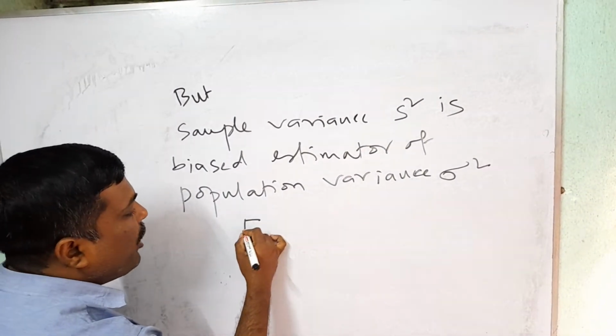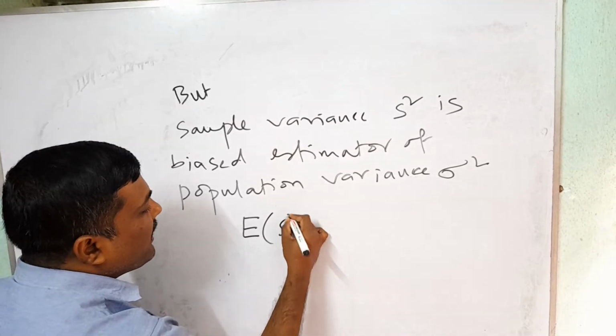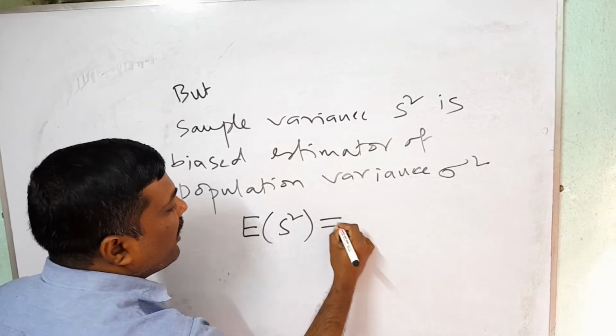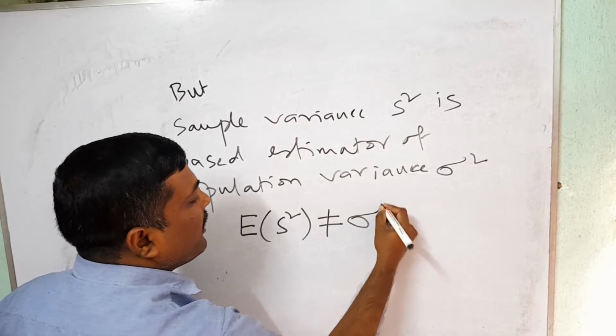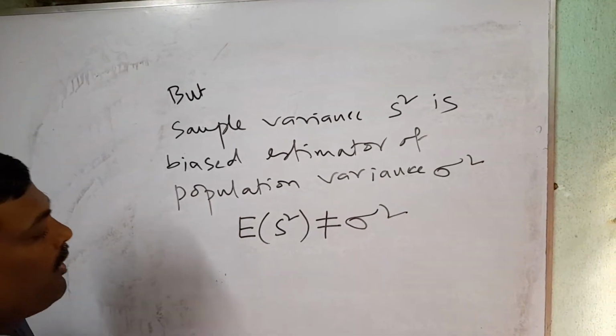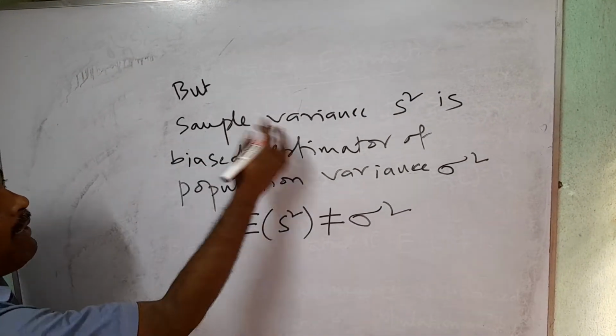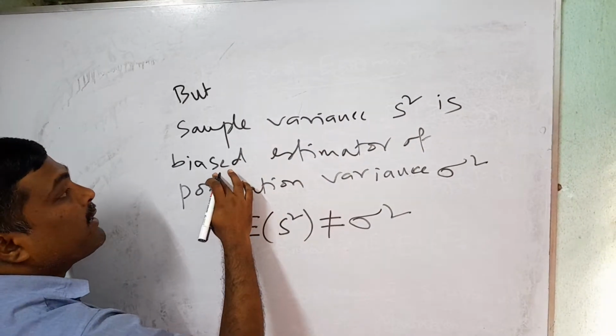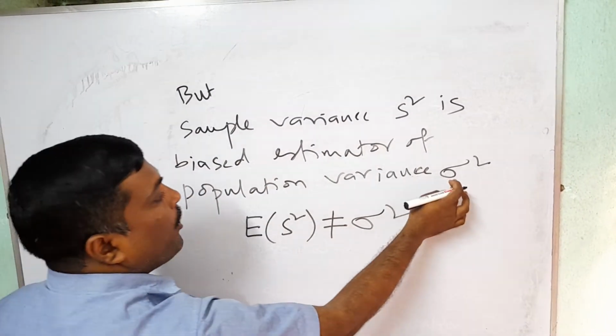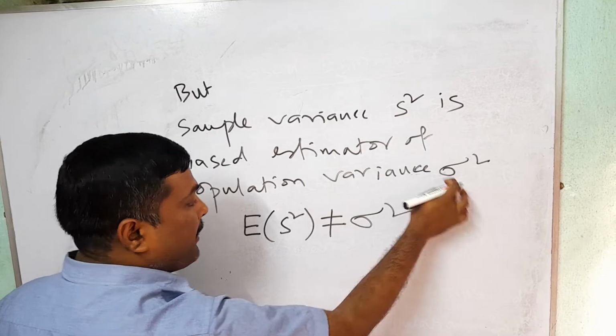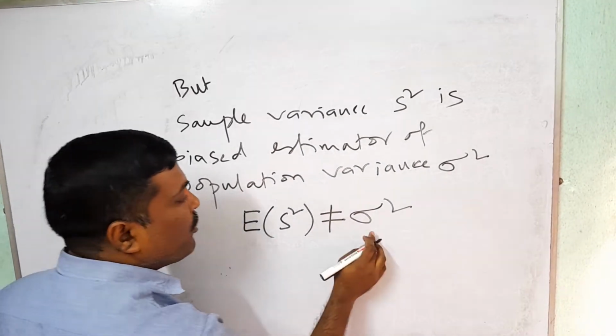That is, E of S square not equals sigma square. See, we know that E of S square equals n minus 1 by n sigma square. So E of S square not equals sigma square, because n minus 1 by n is not equal to 1.